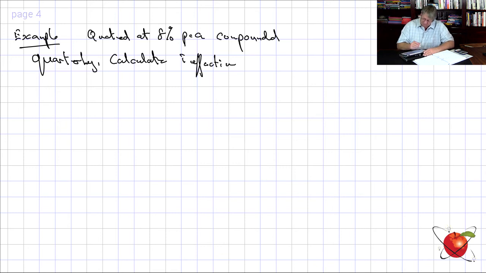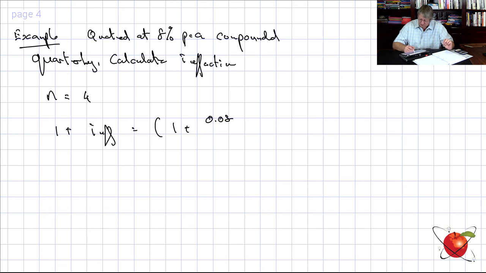So let's see. In how many periods are we compounding this? n is equal to 4. Okay, 4 compounds. Therefore, 1 plus i effective is equal to 1 plus i nominal, which is 0.08 divided by 4, all to the power of 4. Let's see what we did. This was the quoted rate, the nominal rate.